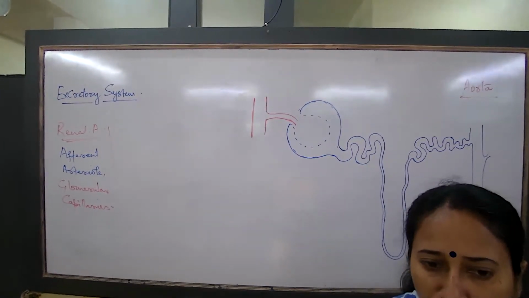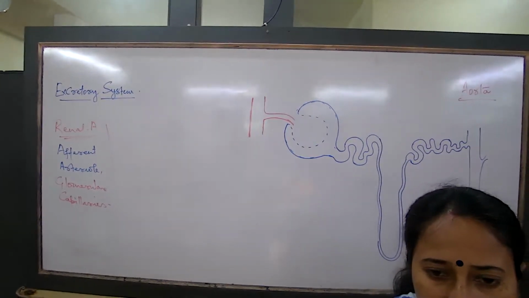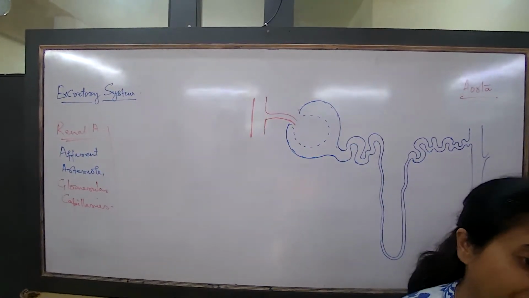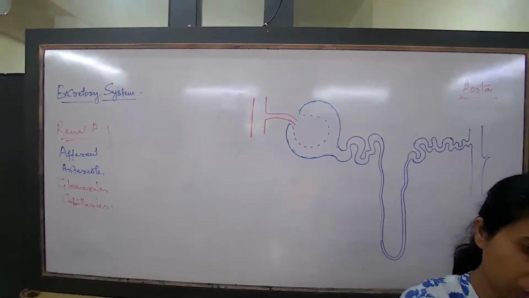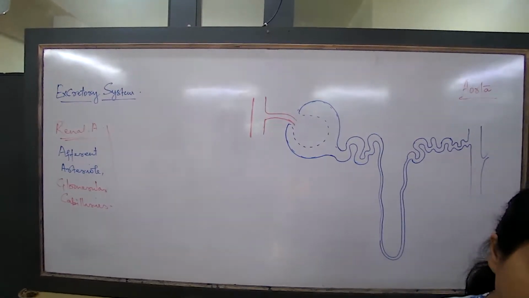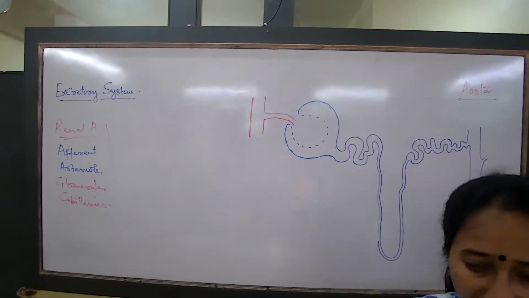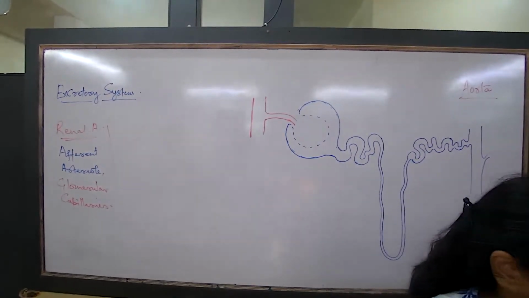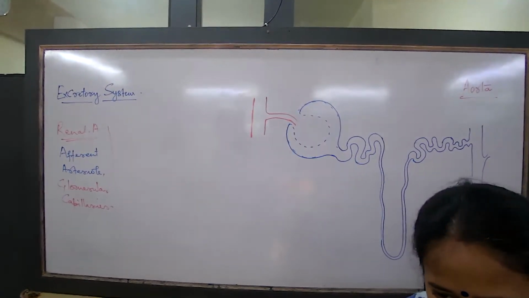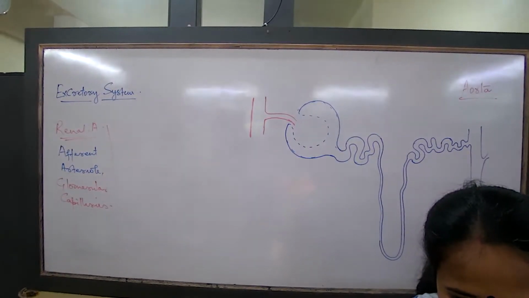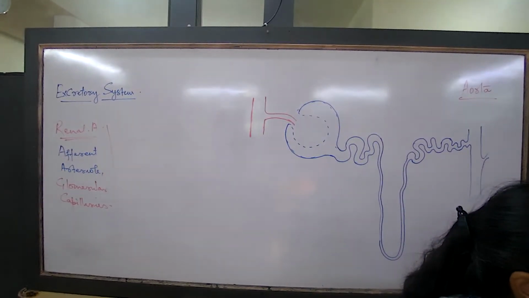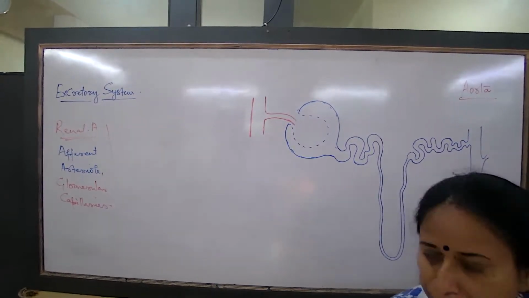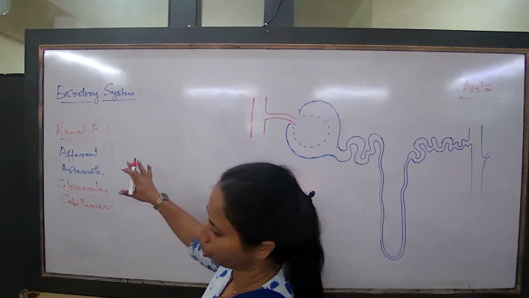Veins of the body form what? If I am talking about the aorta, then what is the name of the big broad veins? Vena cava. Joins to form the vena cava. V-E-N-A C-A-V-A, vena cava. Done.